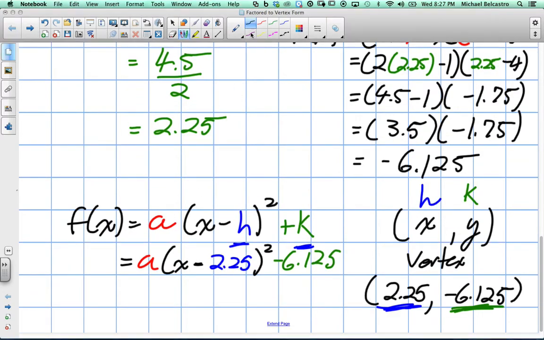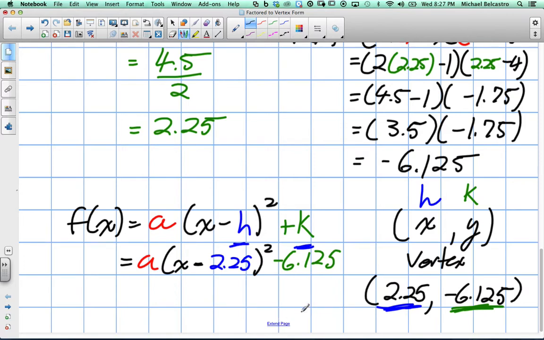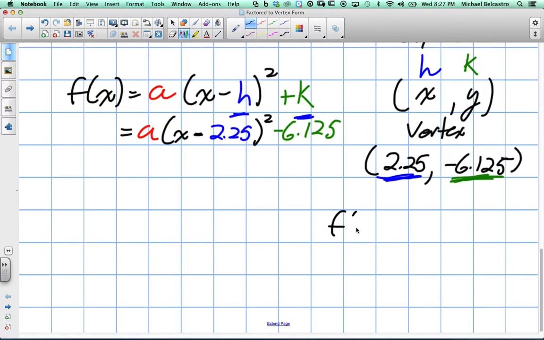Okay, finally our a value. Now, though easy, it is a little tricky. We've got to take our factored form here. Okay, so we're going to do it as a side calculation. f of x is equal to 2x minus 1, x minus 4.